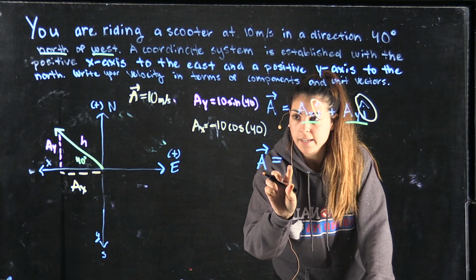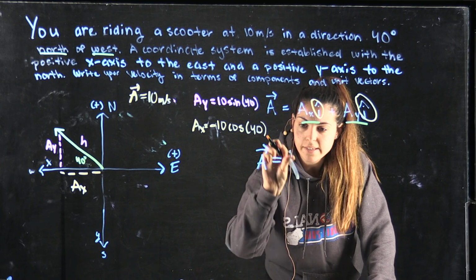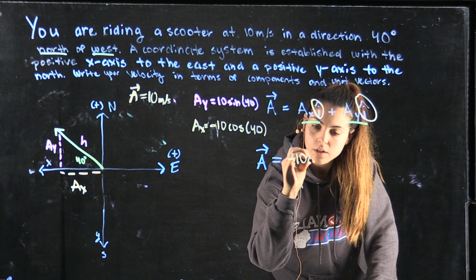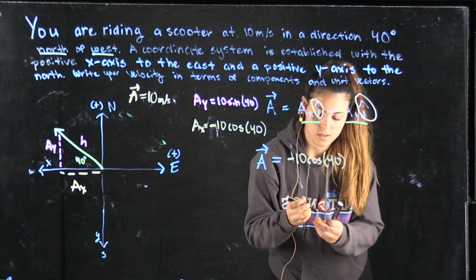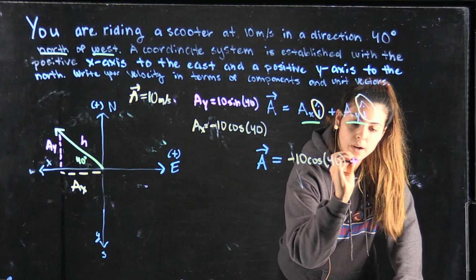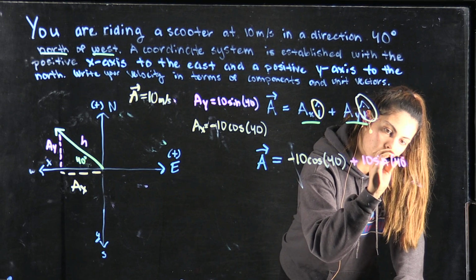So A of x is going to be, we forgot that negative, carry your negatives, negative 10 cosine 40, plus 10 sine of 40.